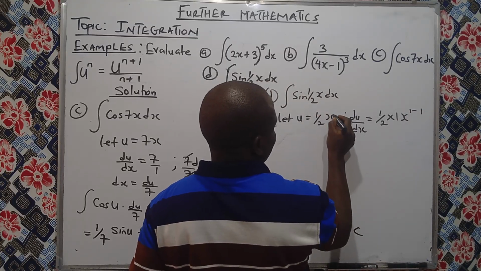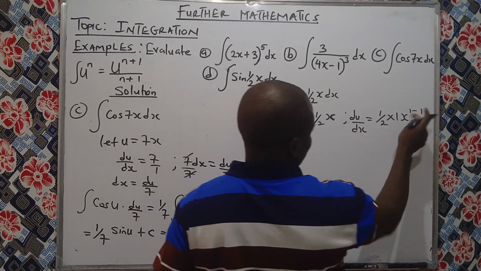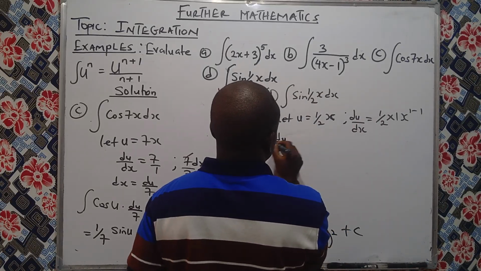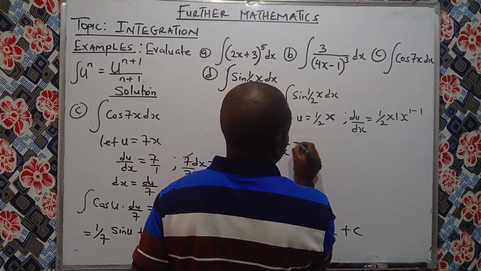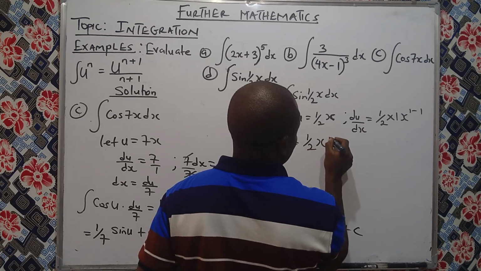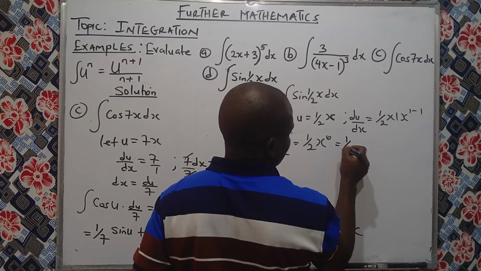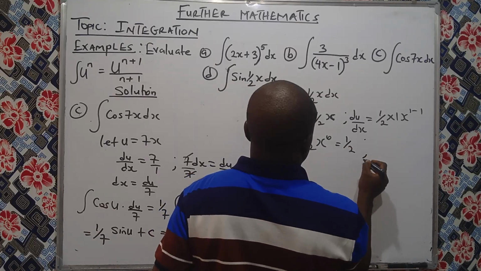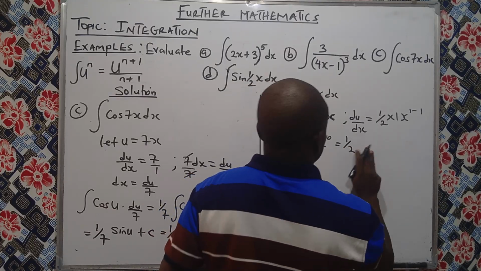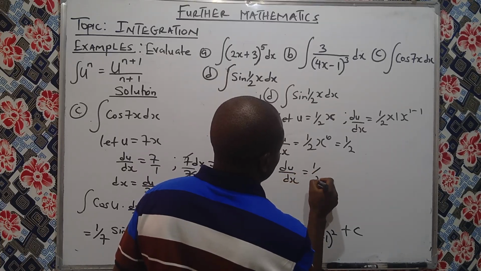The 1 comes to the front, and you have 1 minus 1. So du over dx equals 1 times 1 over 2, that's half, x raised to power 0. x raised to 0 is 1, times half is half. So du over dx equals 1 over 2.